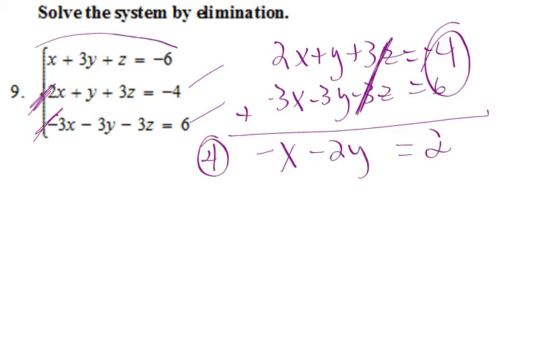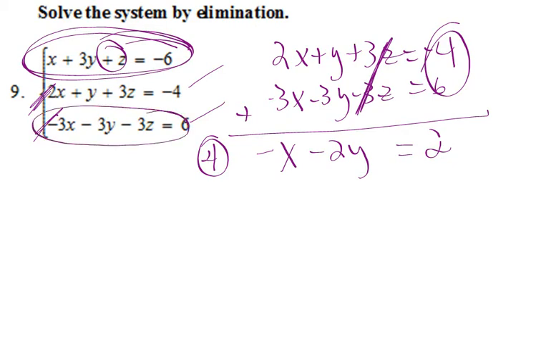Now I've got to work with my first equation, and I've got to eliminate my z. So I am going to use my first equation and my third equation. So let's do that.